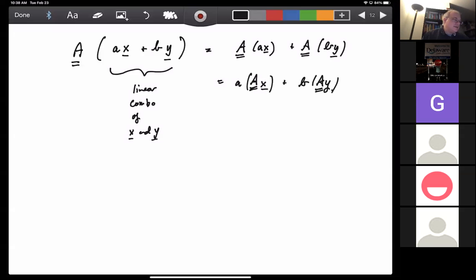So notice matrix A times the linear combination of vectors is, in some sense, you could multiply A by each of those vectors and take the same linear combination of the results, right? These coefficients can get pulled to the front. So that's telling you effectively that the multiplication of a matrix and a vector is a linear operation.